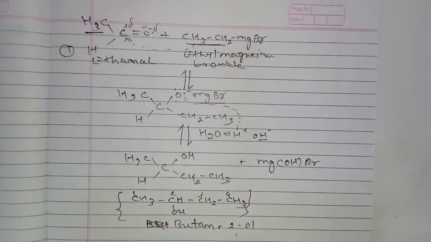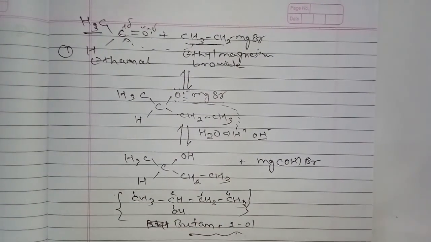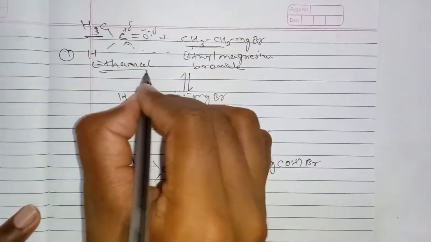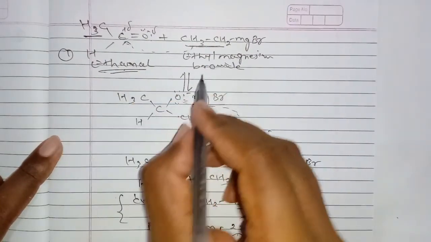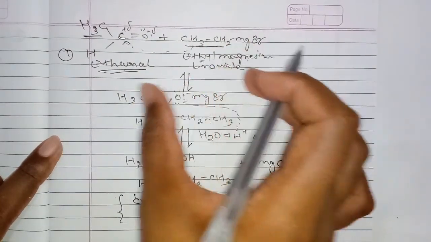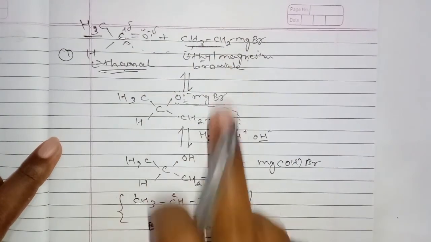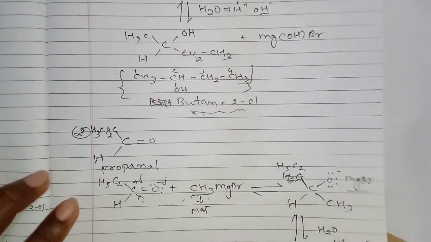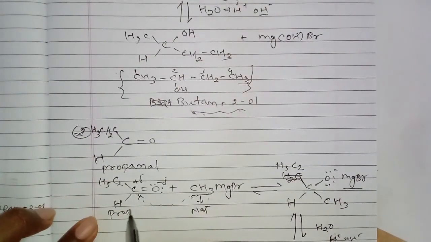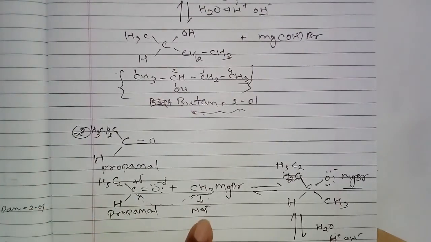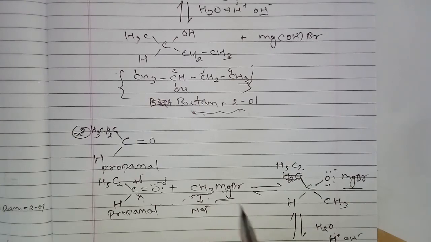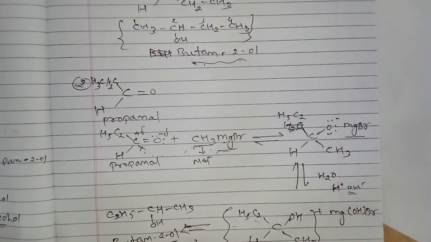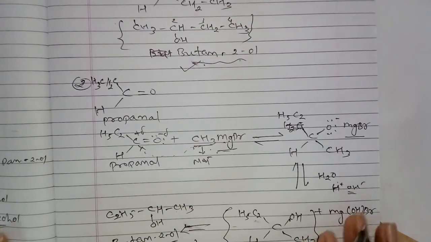Here the product is the same, butan-2-ol, but here ethanal and ethyl magnesium bromide react, and in this case propanal and methyl magnesium bromide are used, and the product will be the same.